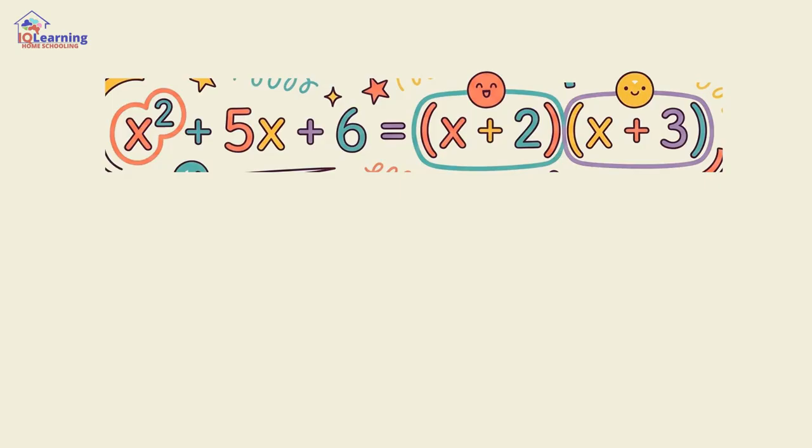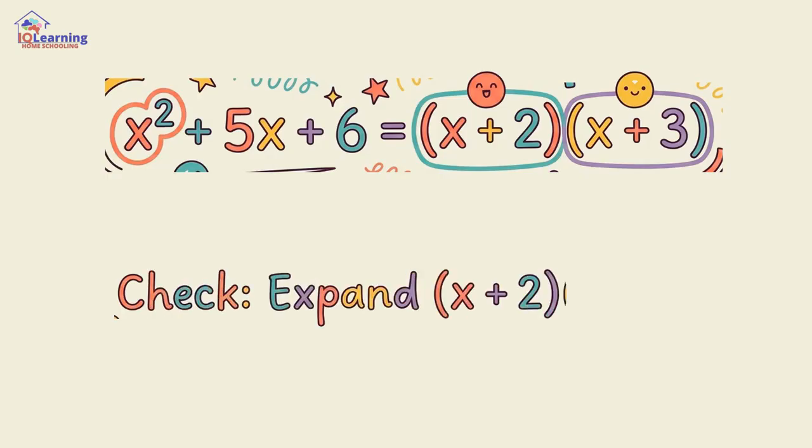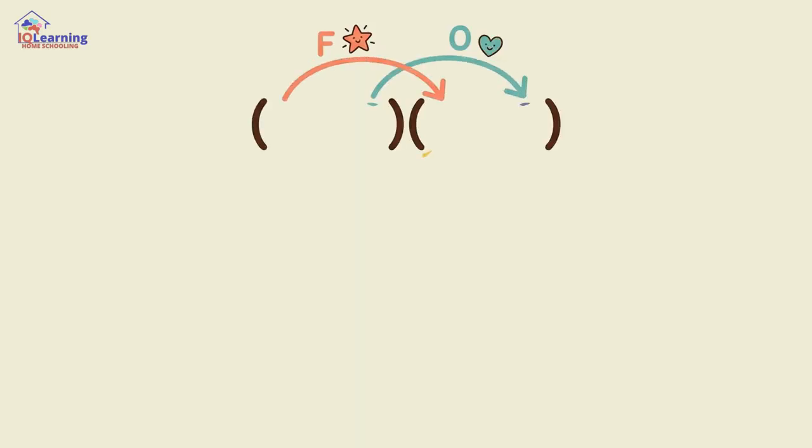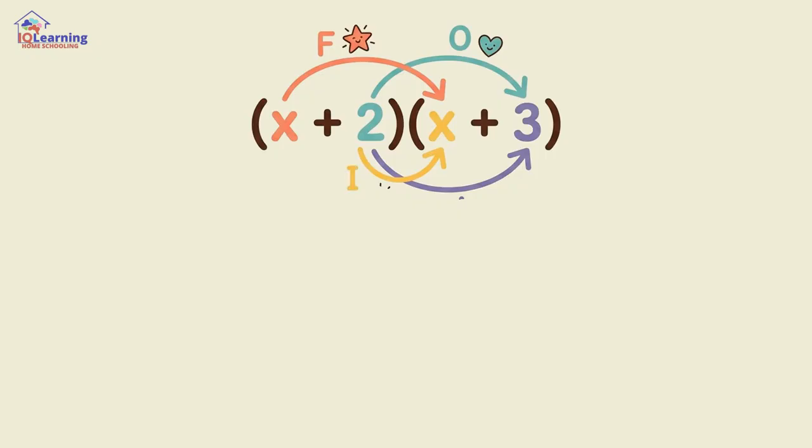But we should always check. Take (x + 2)(x + 3) and expand it. First, x times x equals x squared, then x times 3 equals 3x, then 2 times x equals 2x, finally 2 times 3 equals 6.